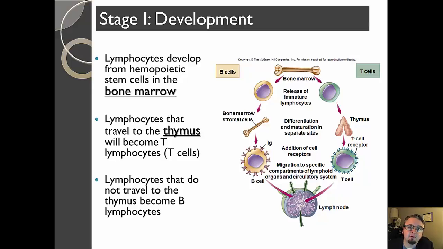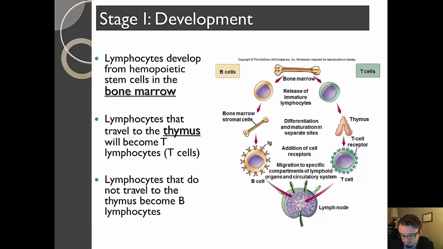As they're waiting for that next stage in their military career, they get stationed somewhere, just waiting for something to happen. That's kind of like the lymph nodes. They're put in this place, and that will keep them there until they're needed.